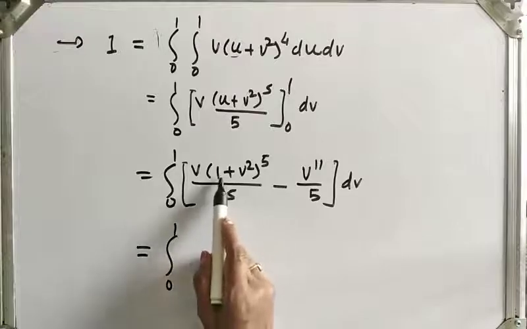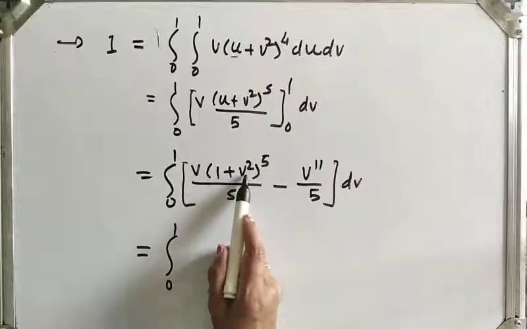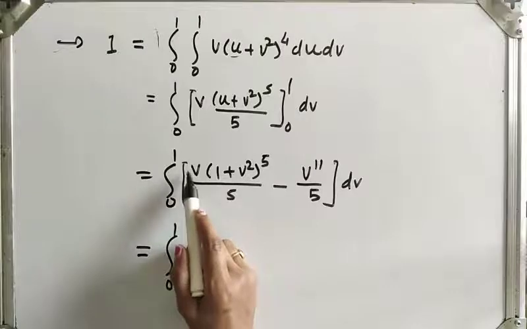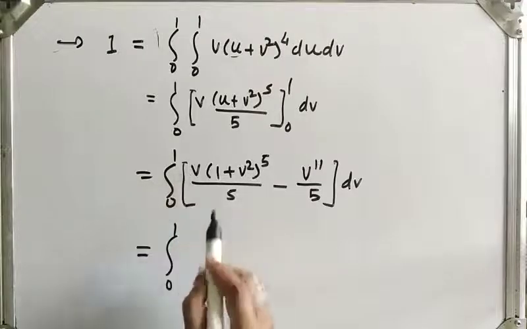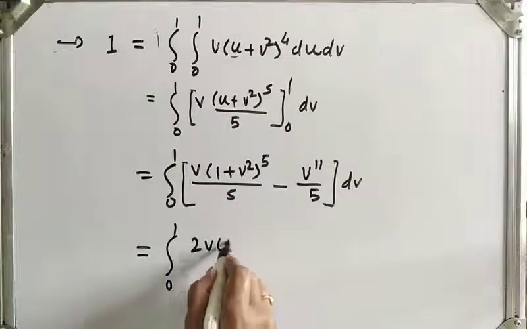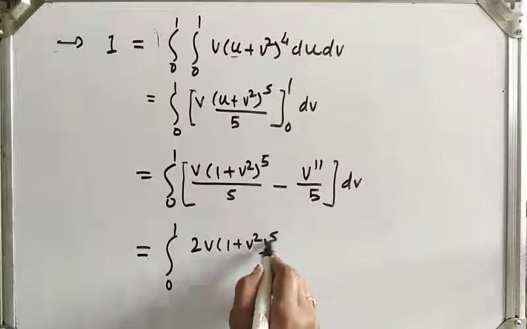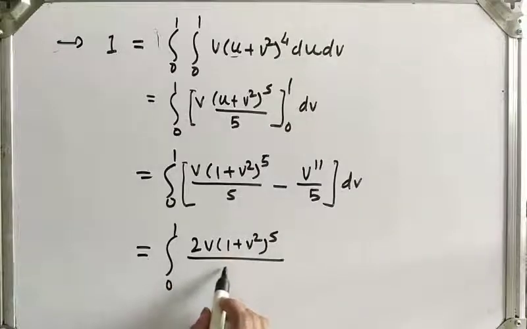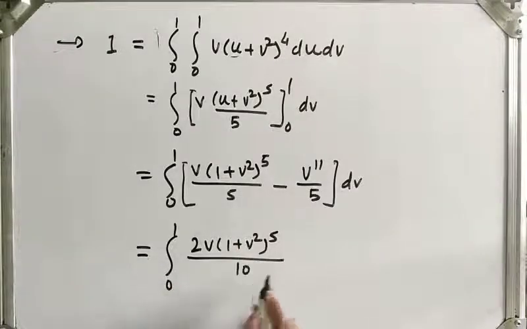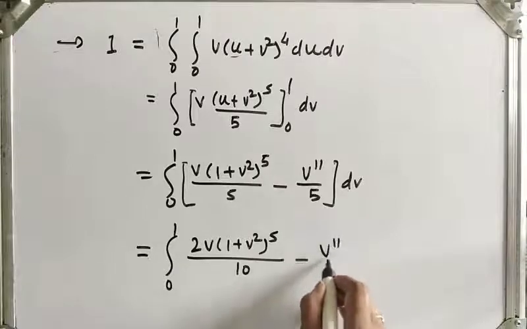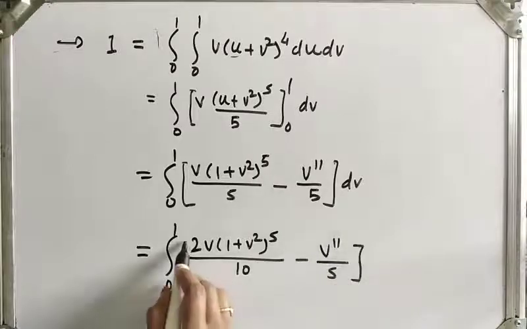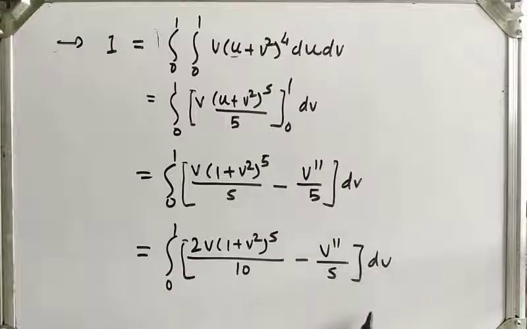Now you can see that the derivative of 1 plus v squared is 2v, so we will adjust 2v here. So 2v (1 plus v squared) raised to 5. To cancel this 2 we need 2 here, so 5 into 2 is 10, minus v raised to 11 upon 5, dv.